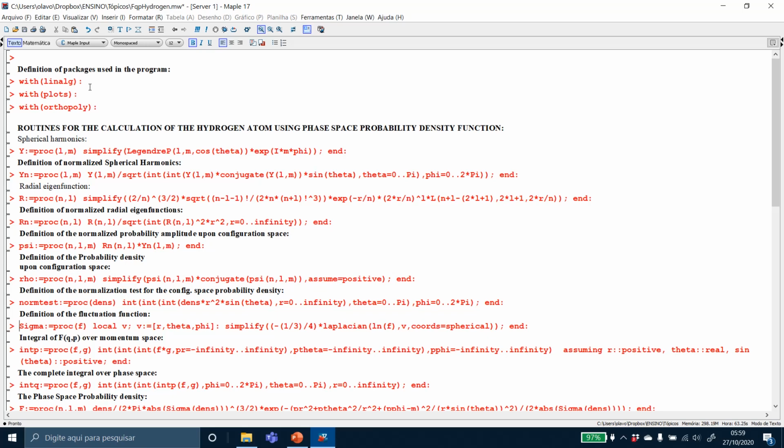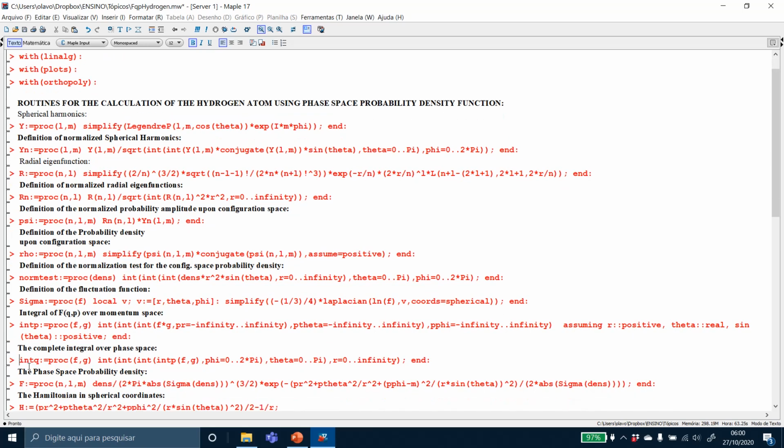This sigma here is just the fluctuation term. Note here that we are calculating it in terms of the Laplacian, of course, since we are in 3 dimensions. And here we have the integral of the joint probability density function over momentum space.